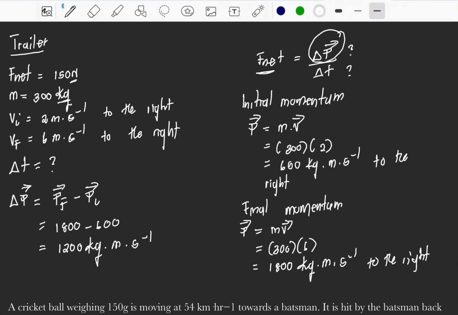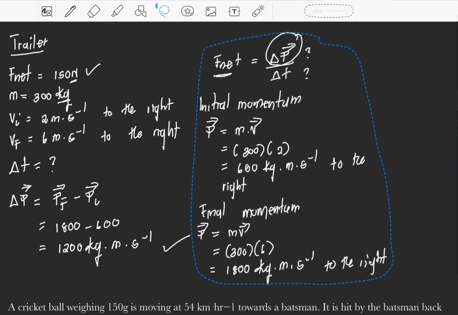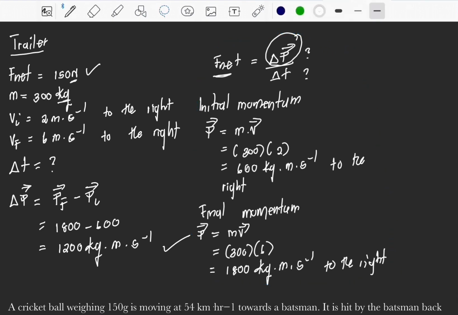And can we now calculate the change in time? Yes, we can, because we already have our F net and we have calculated our change in momentum. So without any waste of time, let's get right into that calculation. We say F net is equal to change in momentum all over change in time.